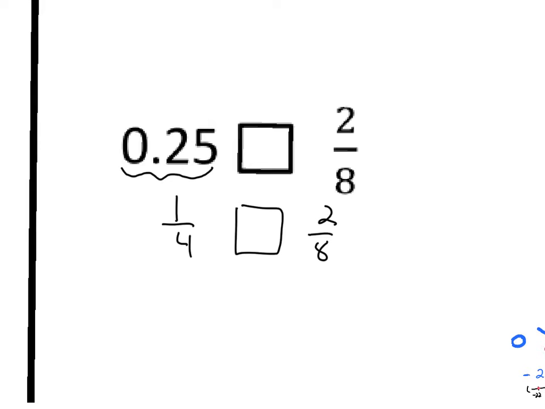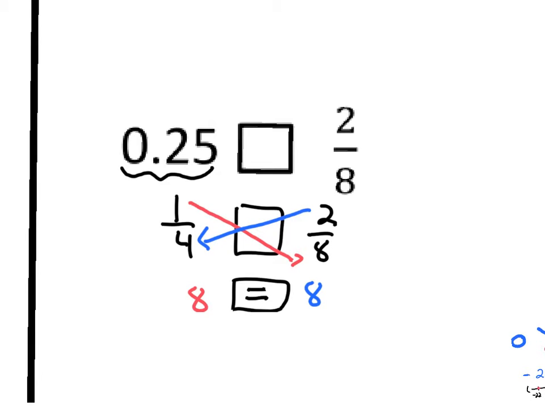I'm going to cross multiply. Remember, you start from the top here and you go to the bottom. So that's going to be 8. And then you multiply the 1 up here by the 1 on the bottom, and that's 8. Look at the numbers: 8, 8. So these two fractions are equal. 1/4 equals 2/8.